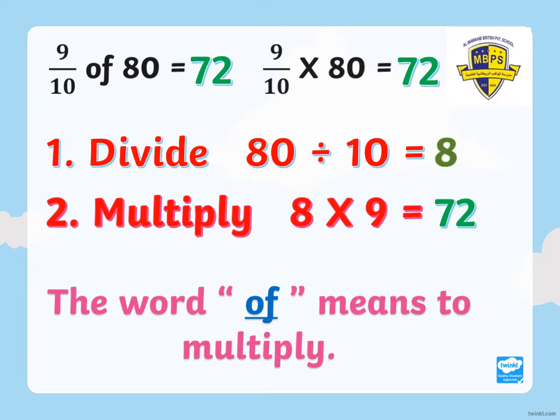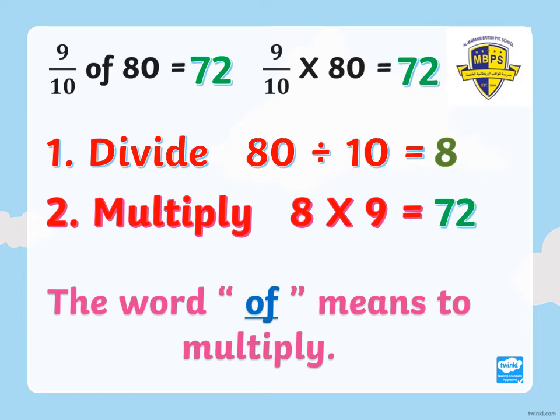Very good. The whole number here is 80. And what is the denominator in the fraction? Very good. The denominator is 10. So 80 divided by 10. Now you know the tables of 10. It's very easy. 10 times which number will give you 80? Very good. 10 times 8 is equal to 80.